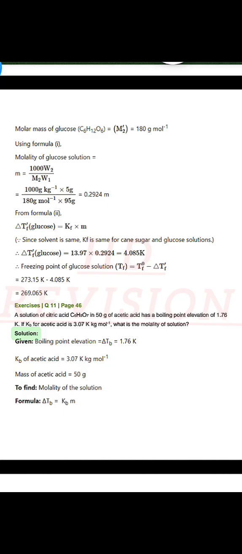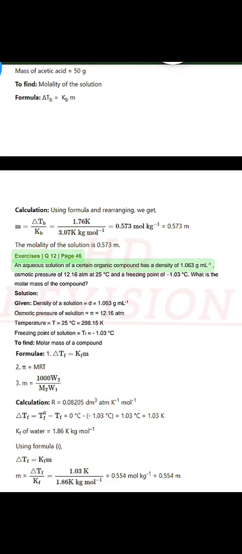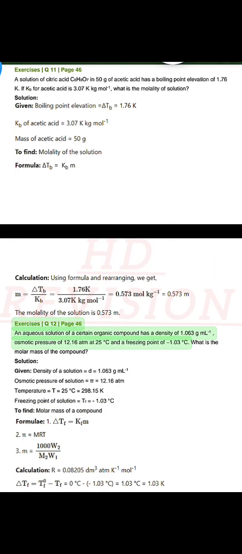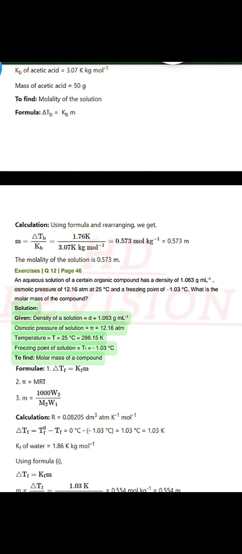Exercises Q12 page 46. An aqueous solution of a certain organic compound has a density of 1.063 grams per milliliter, osmotic pressure of 12.16 atmospheres at 25 degrees Celsius and a freezing point of -1.03 degrees Celsius. What is the molar mass of the compound? Solution.